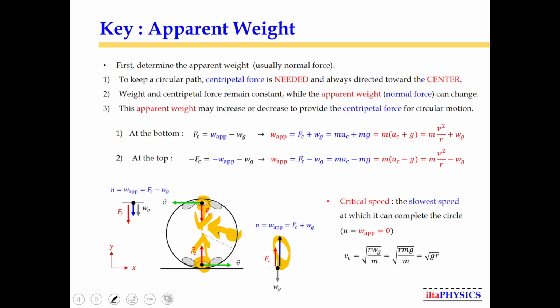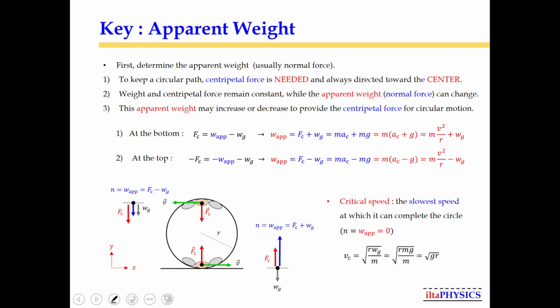Since the passenger's actual weight doesn't change, and a constant centripetal force is required for steady circular motion, the normal force, our apparent weight, must change depending on the roller coaster's position to maintain that constant centripetal force. In other words, the apparent weight varies by location to keep the centripetal force constant for the circular motion. If you understand this fact clearly, you can easily set up and solve any roller coaster problem.